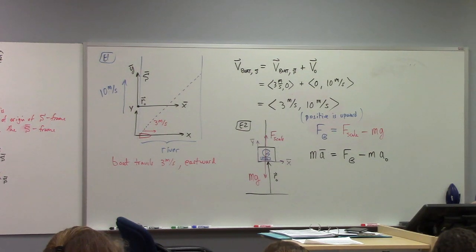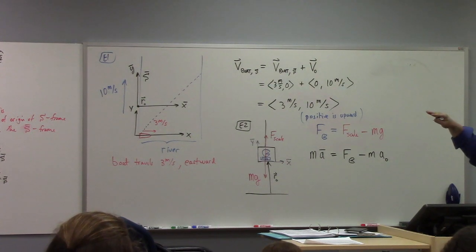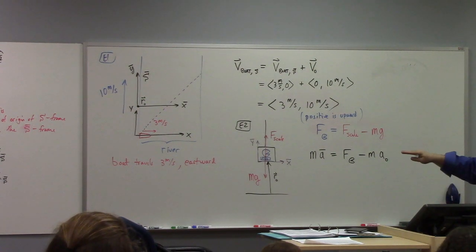So let's see here. What is the acceleration relative to the elevator, though? He's not jumping in the elevator, he's not going through the floor, he's just sitting there in equilibrium with the scale, right? So the acceleration relative to the elevator is 0 because his position is fixed in the elevator. In fact, his velocity relative to the elevator is also 0.